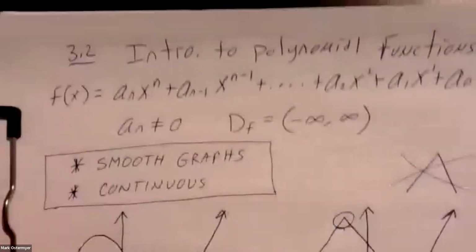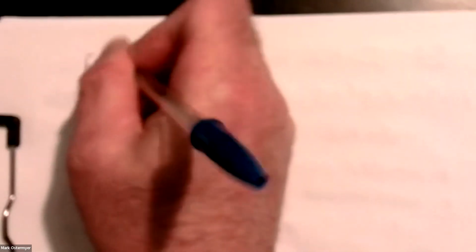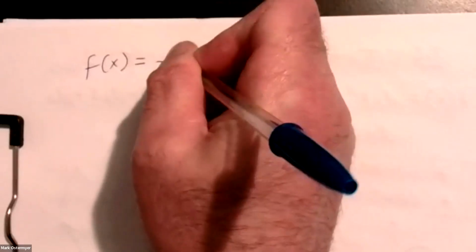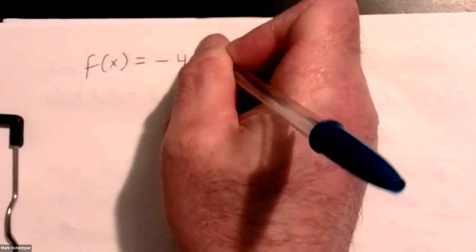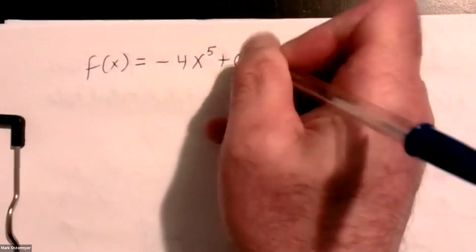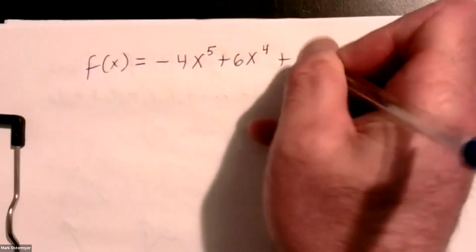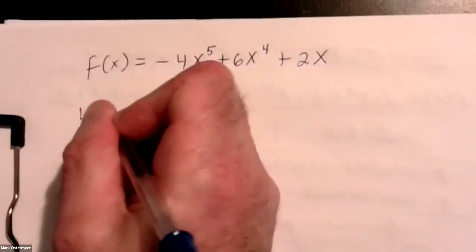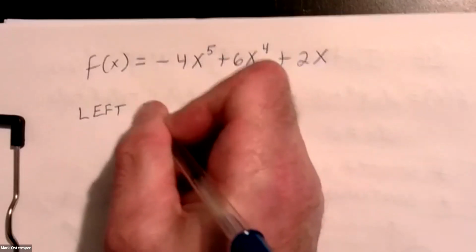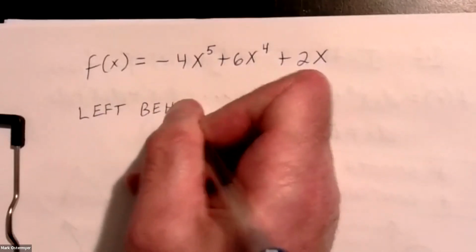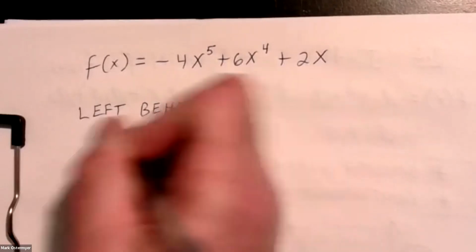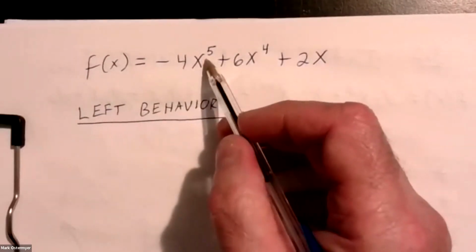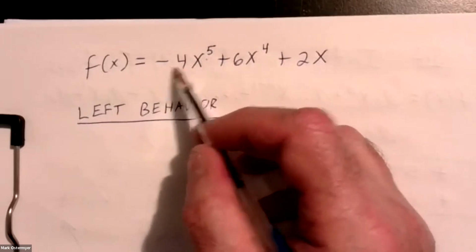All right, so let's put that theorem to work here for us. So if I give ourselves this polynomial, it happens to be a fifth degree polynomial function, what would be its left and right end behavior? Well, notice this is an odd degree polynomial with a leading coefficient that is negative.